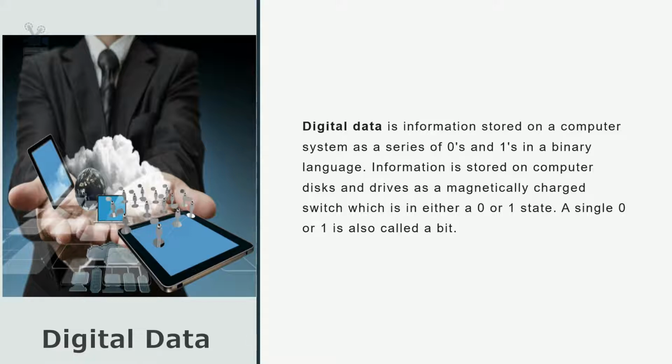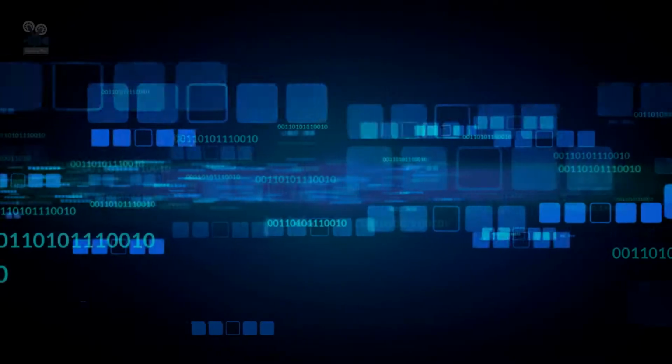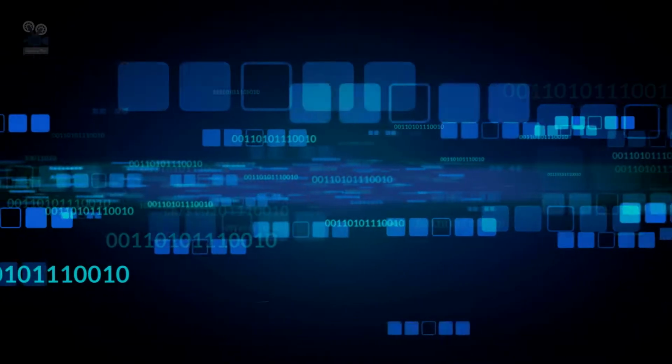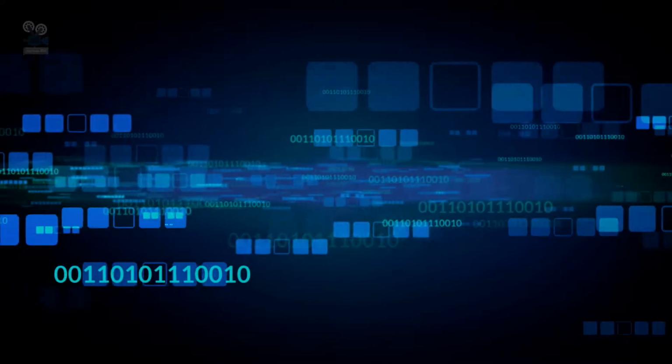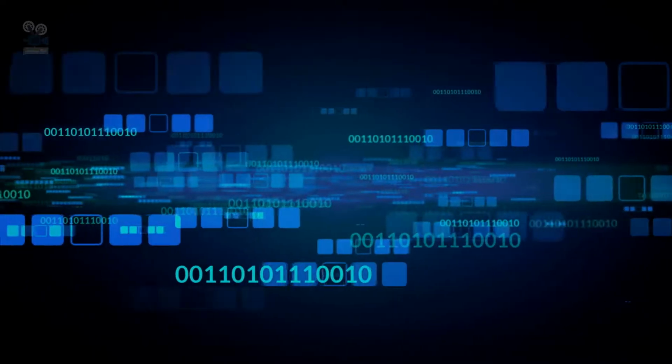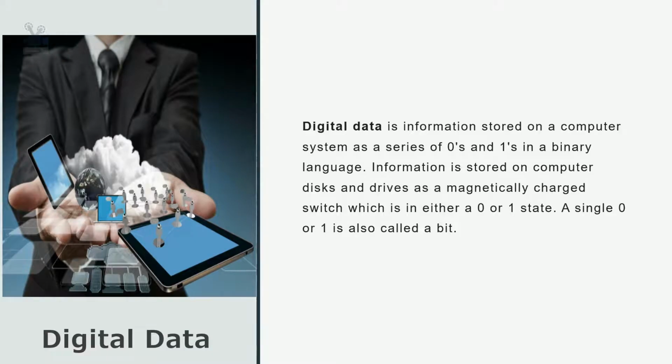Digital data is information stored on a computer system as a series of these zeros and ones in a binary language. Information is stored on a computer disk and drives as a magnetically charged switch, which is either a 0 or 1 state. A single 0 or 1 is also called a bit.